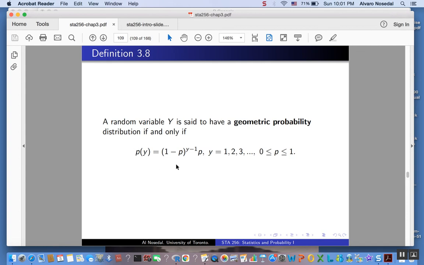And we derived the probability distribution for our particular example. And we realized that it has this kind of expression: 1 minus the probability of success to the power Y minus 1 times the probability of success, where Y is the number of trials until your first success.